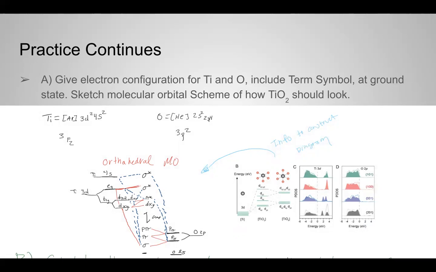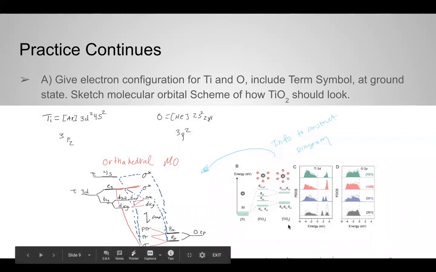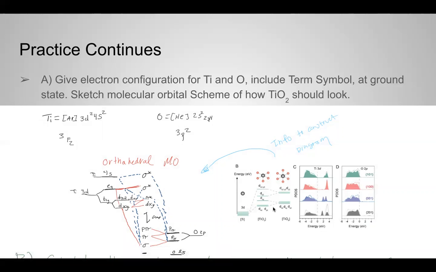In order to make the molecular orbital, this diagram was used because titanium is a transition metal. It's not a diatomic interaction, so it's a little bit different.